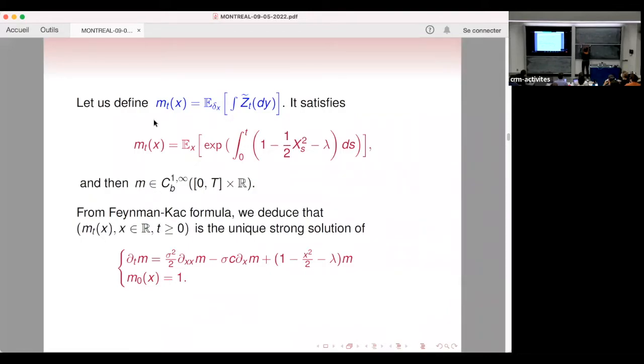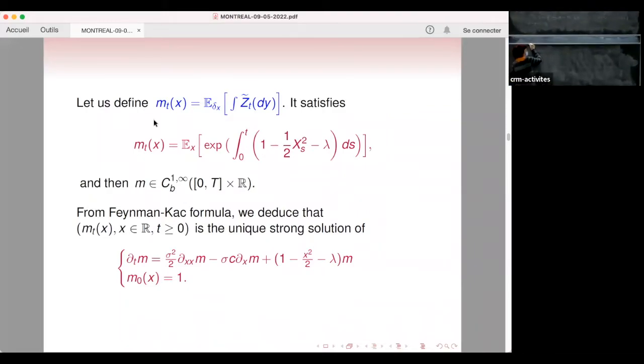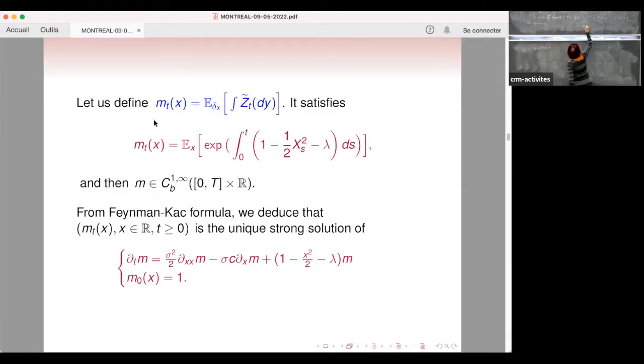And what you can observe is that now, if I compute, so I have this expression, I would like to compute the derivative with respect to t of the integral of m t of x times f of x dx. Remember that f is a stationary steady state of this dynamics.